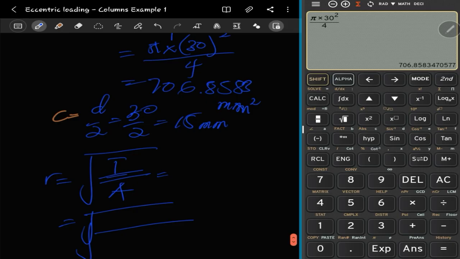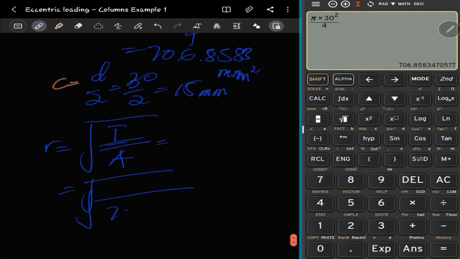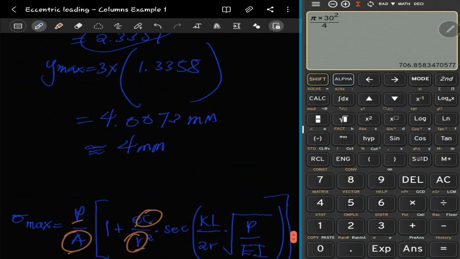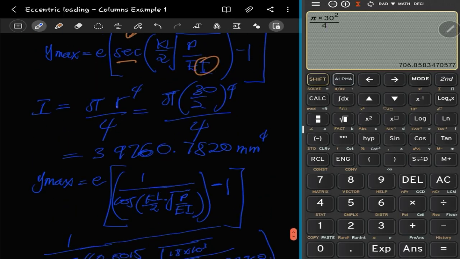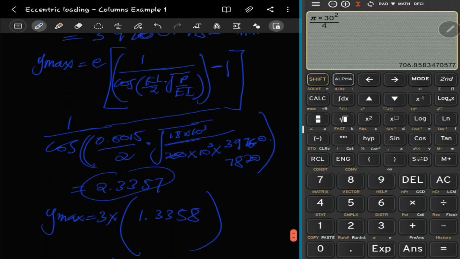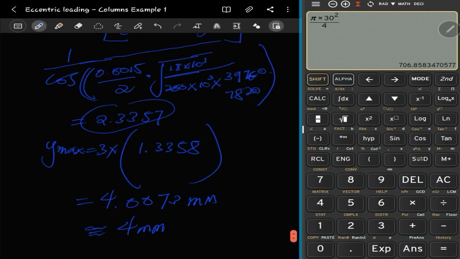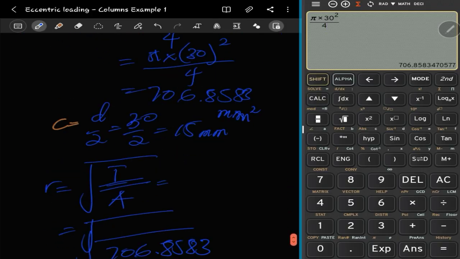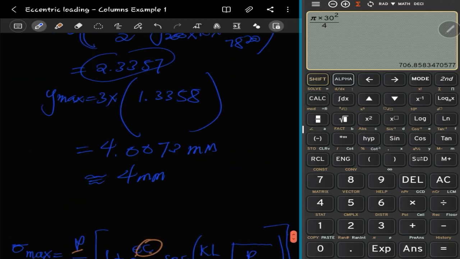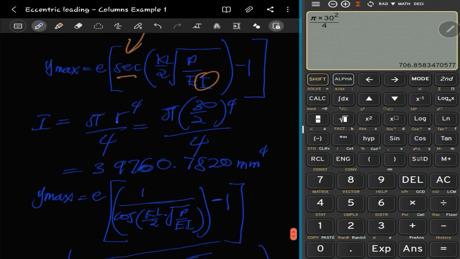The A is 706.8583, everything in mm, and the I we had to be 39760.